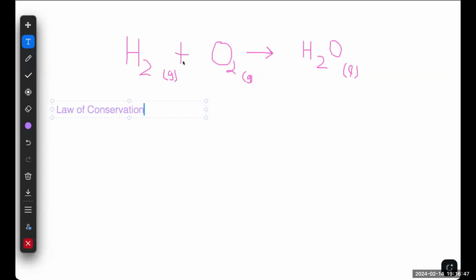So we have hydrogen gas. Now this plus means "and." It's hydrogen gas and oxygen gas. This here is called the yield sign, and we use it to mean "to make." So it's going to make water. The little g represents gas.